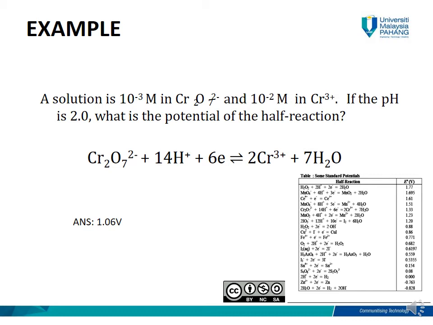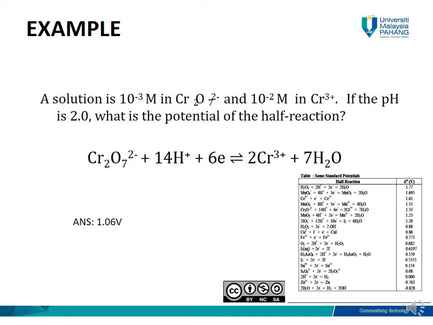Basically it is a reduction because in this process you can see the 6 electrons on the reactant side, so this is the reduction process.